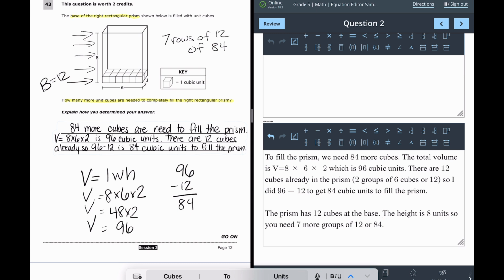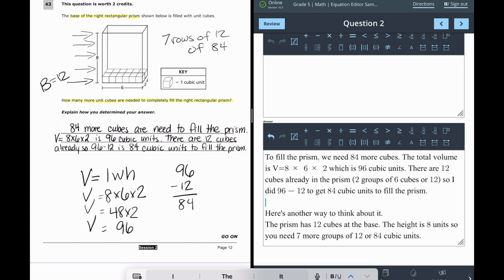So that could have been the other answer that you could have put in cubic units. Okay, so let's reread it. I'm even going to put, here's another way to think about it.